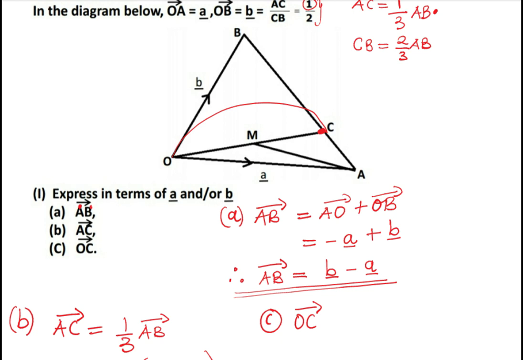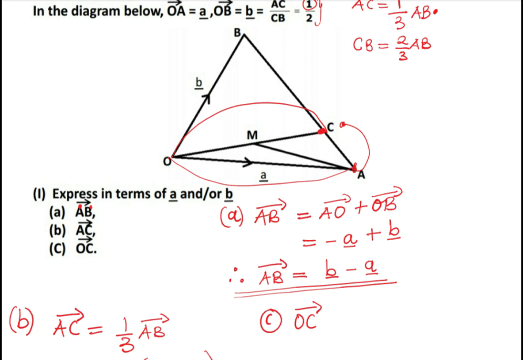Either way, we'll find it. We either use this route plus this route, and we'll still reach C, or we use this other route. Either way, our answer will be the same, whichever route you take.